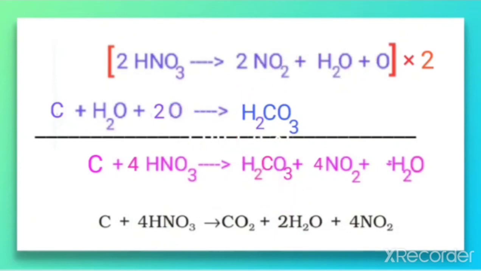Then you get the equation in this manner. So here one H2O and this H2O become twice H2O, and one CO2 from here, and 4 NO2 will be here. So this is the equation for carbon to carbonic acid.